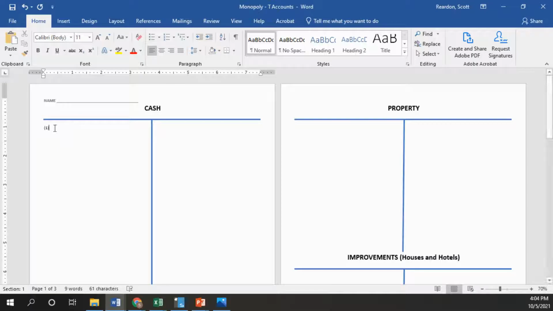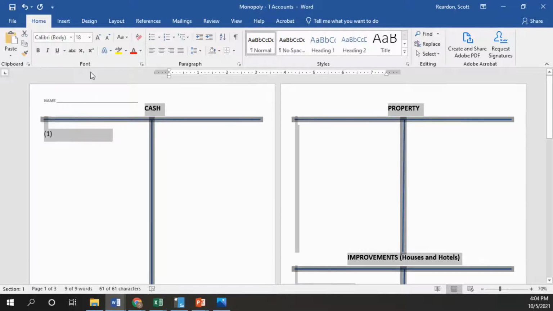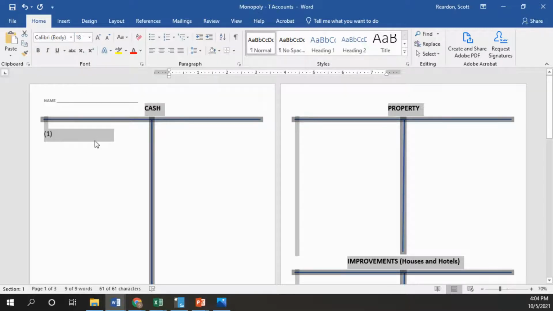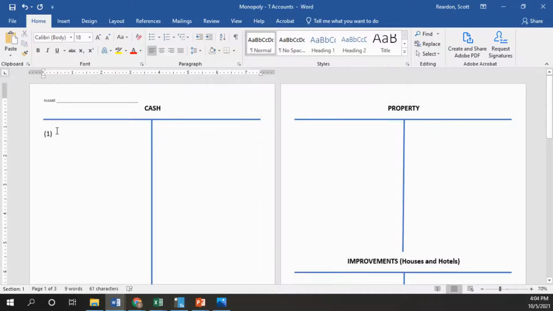Entry number 1. Let's get a different font in here, Reardon, so we can see a little better. Let's do 18-point font here. Entry number 1 is going to be you've got $2,000 of cash.